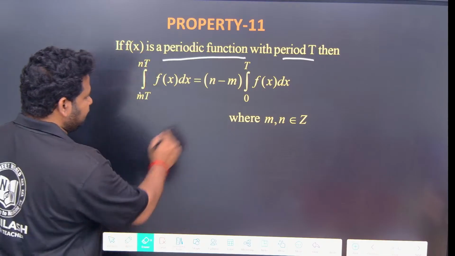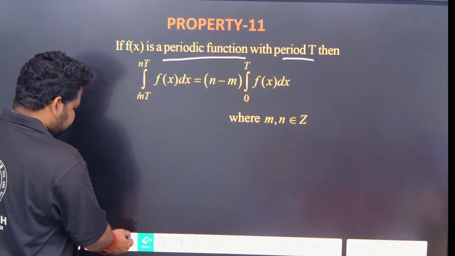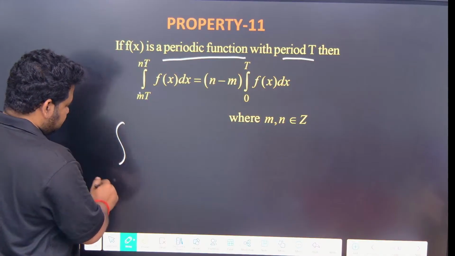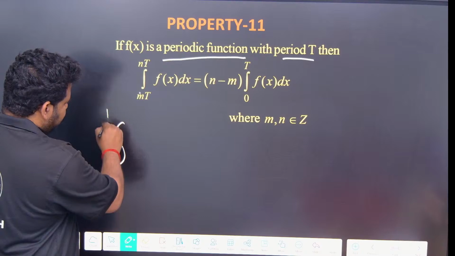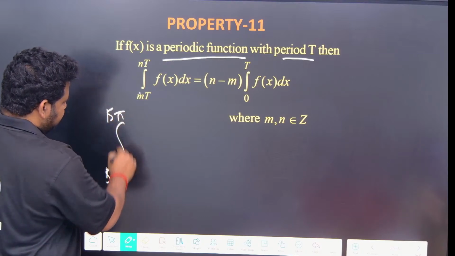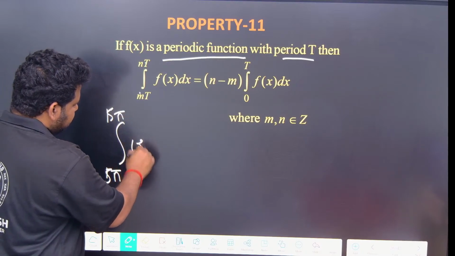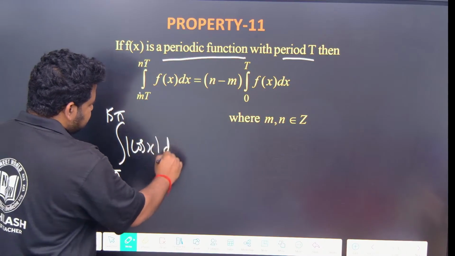Now suppose I give you an example. Suppose we are having the integral from 5 pi to 15 pi of mod cos x dx.